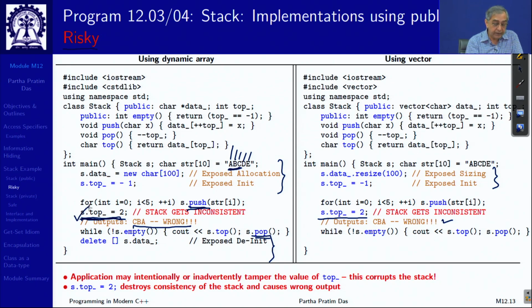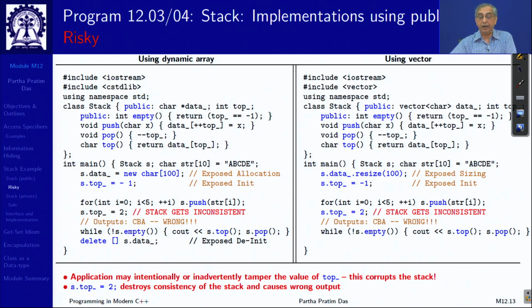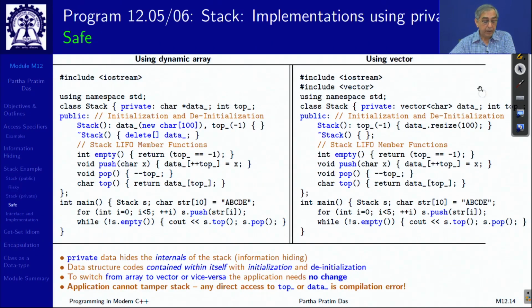Here, by exposing it, you have let the user change the state, and the user does not know the entire logic, and therefore the user has changed it to an inconsistent state. So, that is a big risk. We can never allow this to happen. And mind you, in C, this is always possible, because everything is global. So, that is the risk that we are trying to get out of and come to a safe scenario of design.